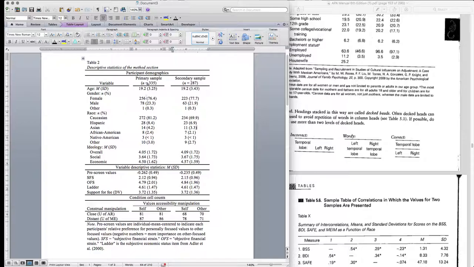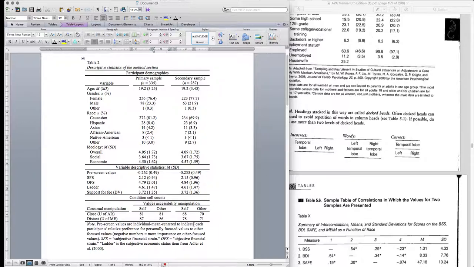So for this particular table, I wanted to break it down by having these two separate columns, and then also for all the variables of interest in the model, the means and standard deviations by sample. The cell count is something that's often overlooked in our field, unfortunately.